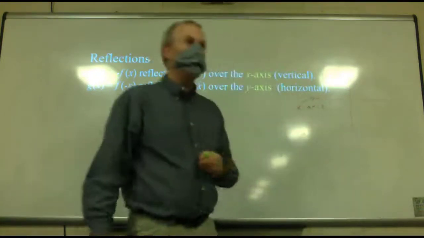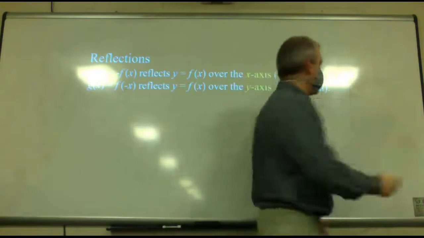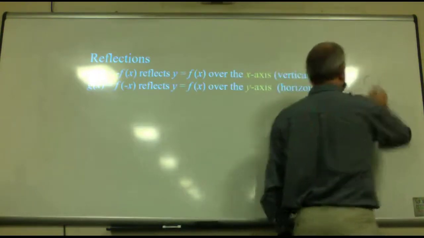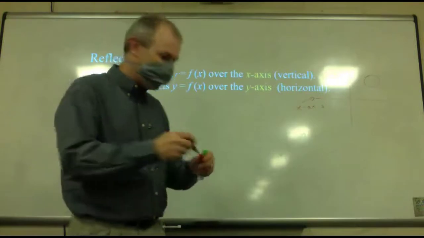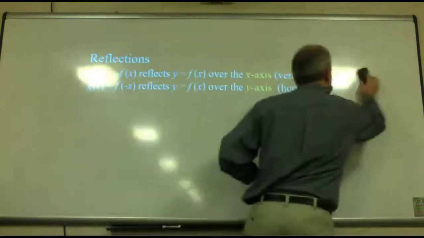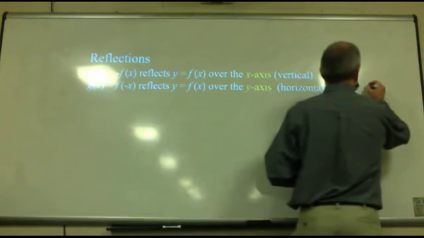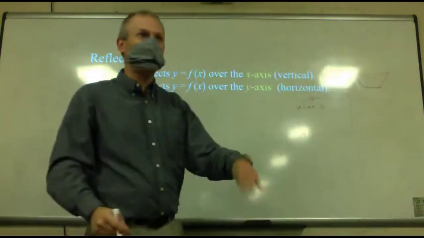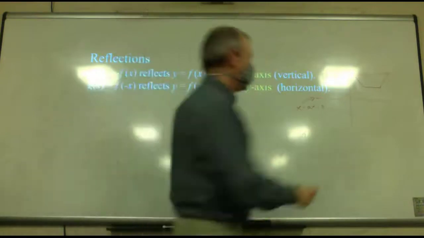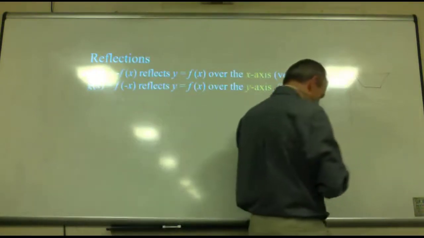If I have a shape, and I'm going to make it really easy, if we have a circle up here, actually, let me change it a little bit. Let's make it look like this. And it gets reflected over the x-axis. It flips down over that x-axis. It's going to look like, let's switch colors.